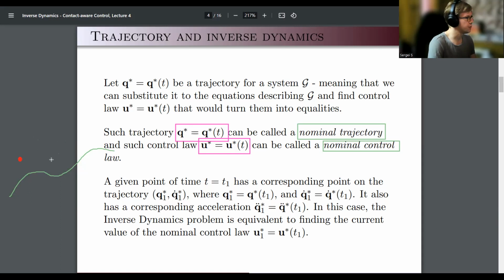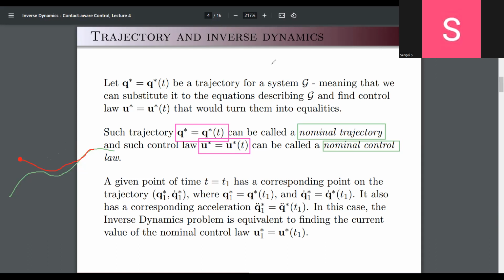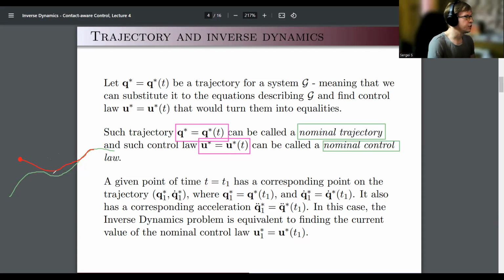So this implies that we want a different terminology, like whatever we are following, which may approach the nominal trajectory, you could call it the actual trajectory, whatever. And then there is a nominal one, which we are still going to refer to.